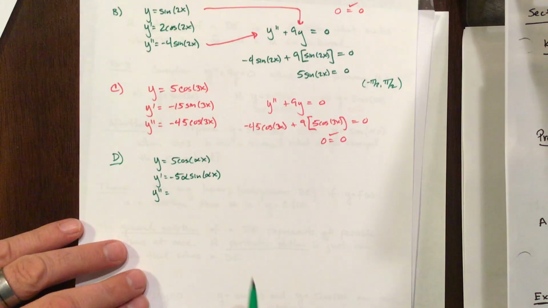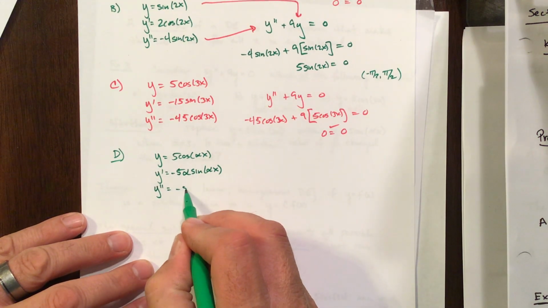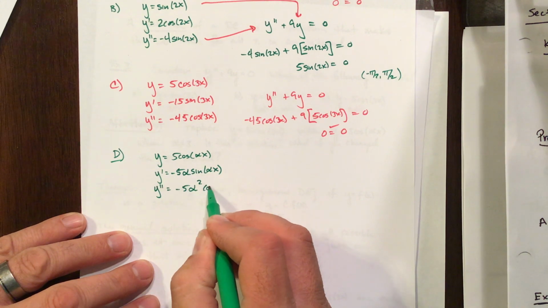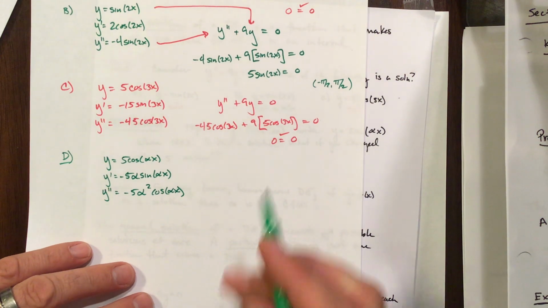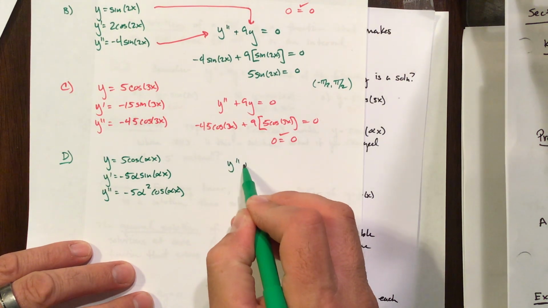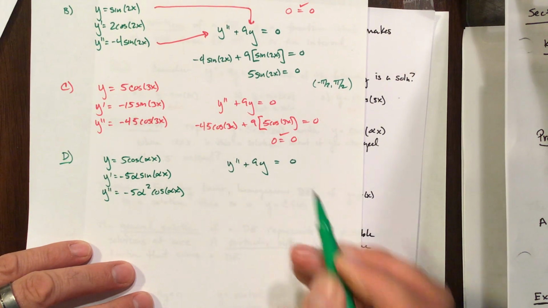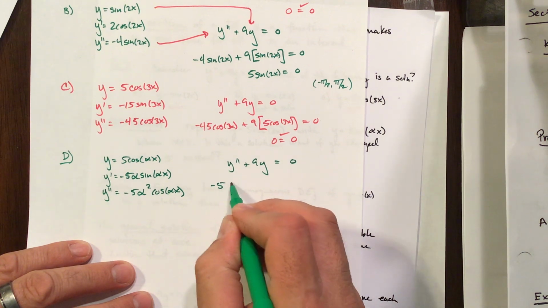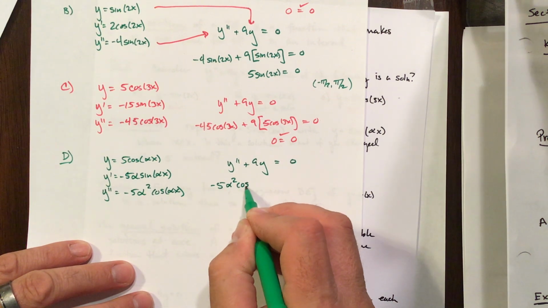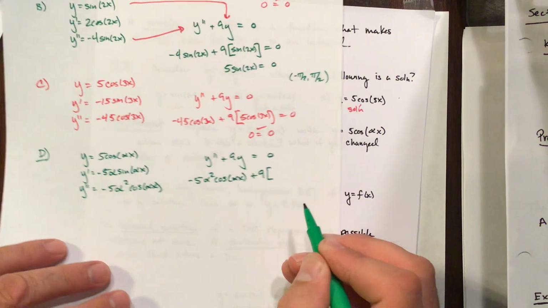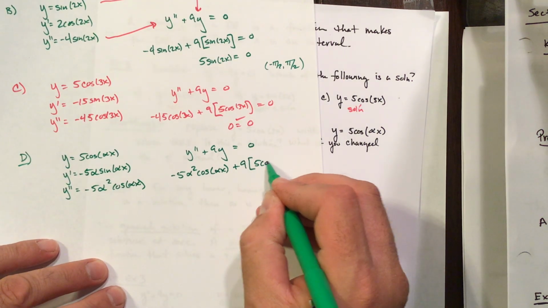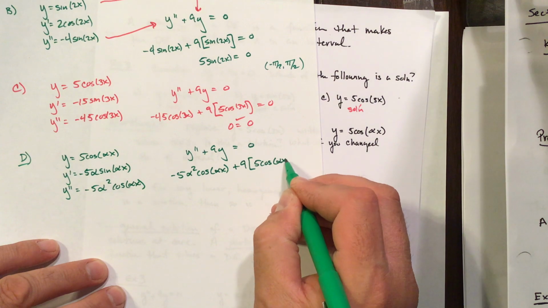Y double prime is minus 5 alpha squared cosine alpha x. Plugging that into y double prime plus 9y, do we get that equal to 0? So minus 5 alpha squared cosine alpha x plus 9 times whatever y is, that's 5 cosine alpha x.